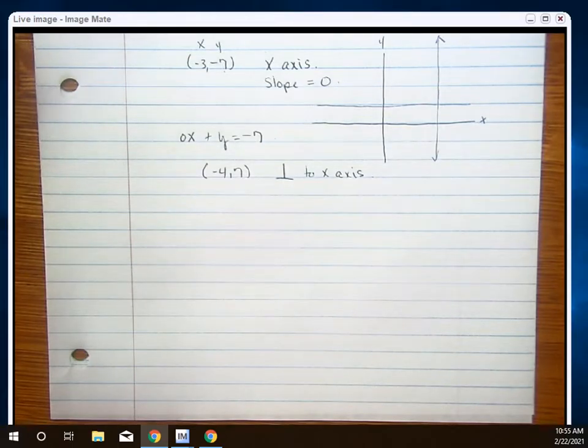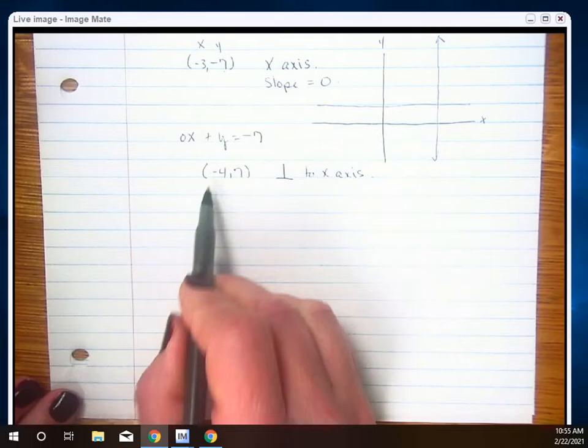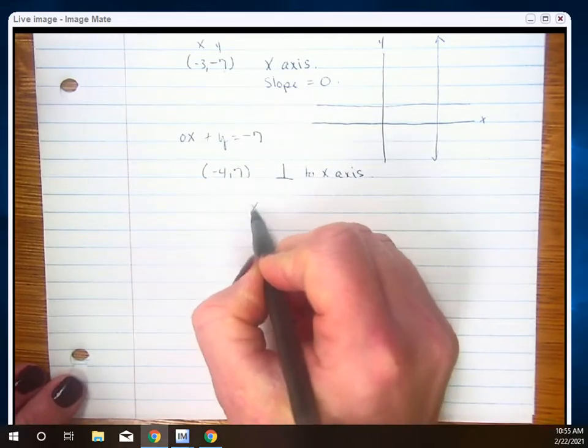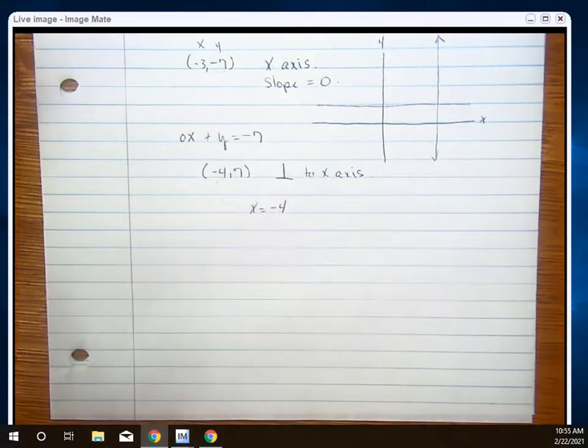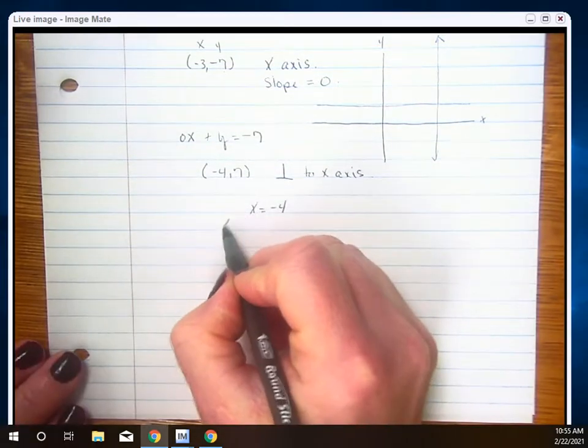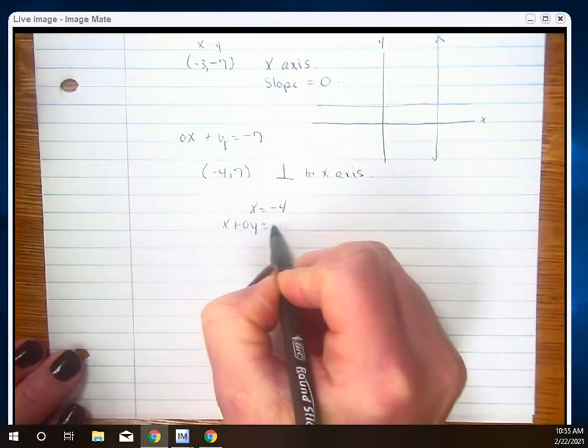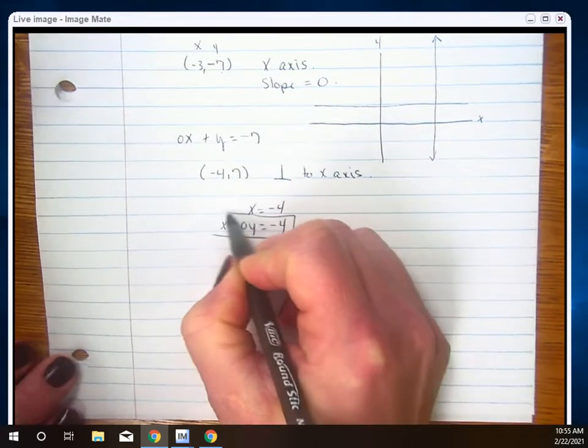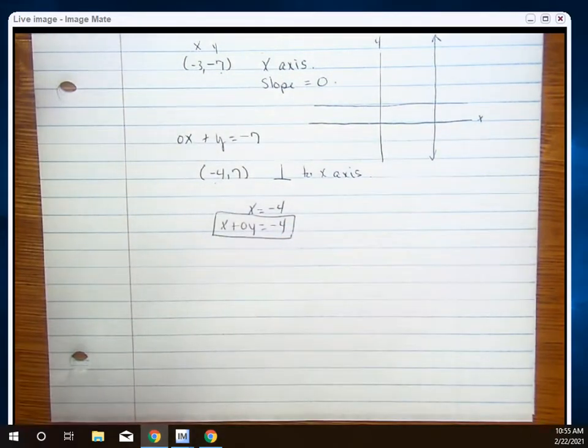Same idea, except this time it's going to be x is equal to the x value. Again, x equals -4 is not in standard form. So what is the y value? x plus 0y equals -4 is the equation in standard form. Is everybody okay with those two?